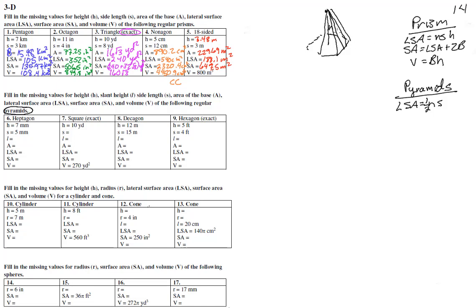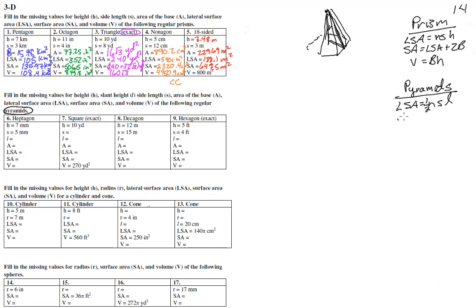Each one of these triangles is going to be measured in its area based on its slant height. So it's called an L over there. So we're going to use that. We're going to have to find it, and you'll see that the apothem and this slant height form a right triangle. So we may use the Pythagorean theorem a couple of times, but notice here's the perimeter again, and so that'll come into play.